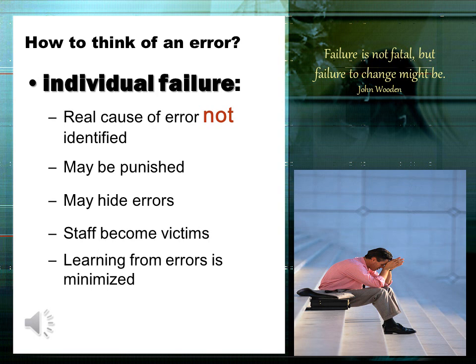In other words, we don't really learn from the mistakes that are made because we're not able to fully capture what it is that happened or what it is that contributed to the error being made in the first place. So clearly focusing on an error being an individual failing is not a good approach to take, and it's not an approach that we take here at Monroe Clinic.